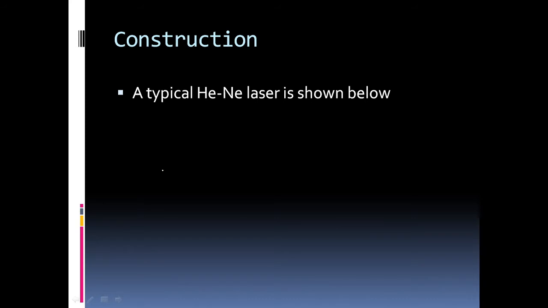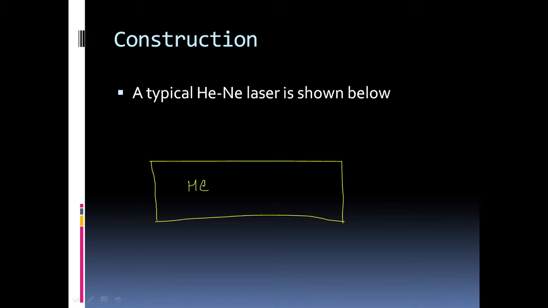The basic diagram for the helium neon laser is like this. This is a block diagram for the laser, in which this is the cavity which has a mixture of helium and neon.